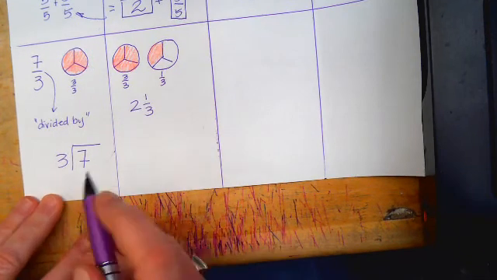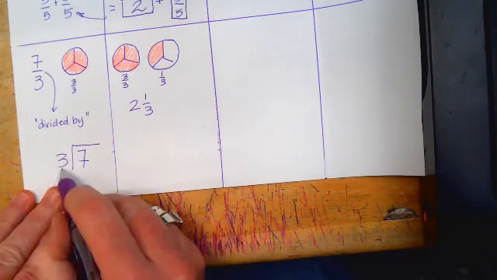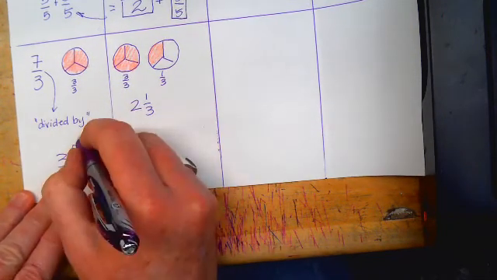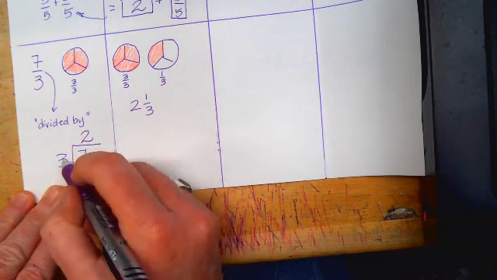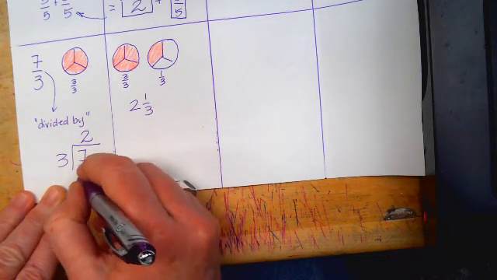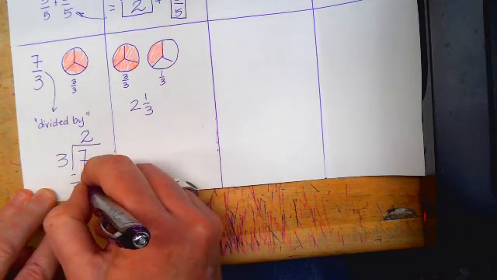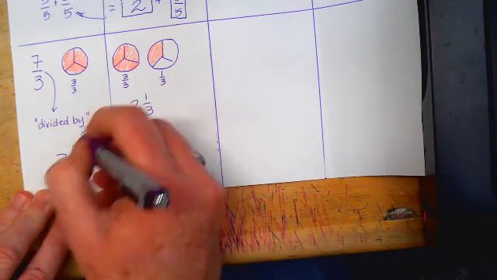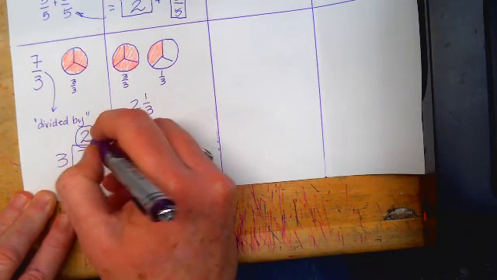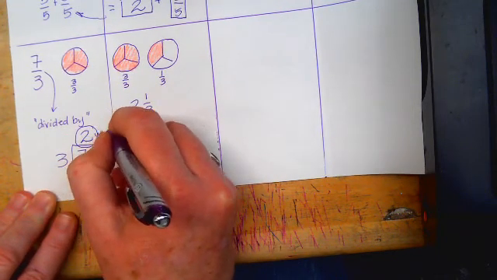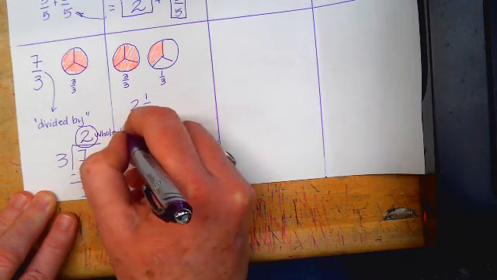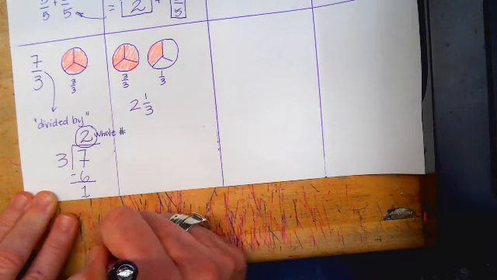Right? That's what we're familiar with looking at. And so if I divide this, 3 will go into 7 2 times, right? 3 times 2 is 6. And I subtract and I get a remainder of 1. This number right here is going to be our whole number.